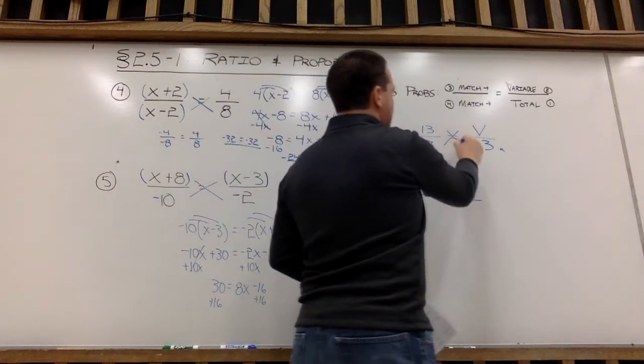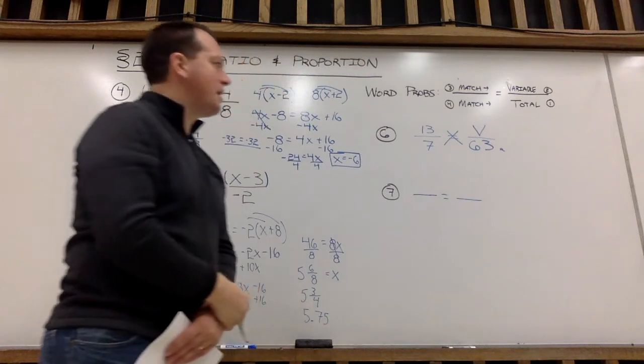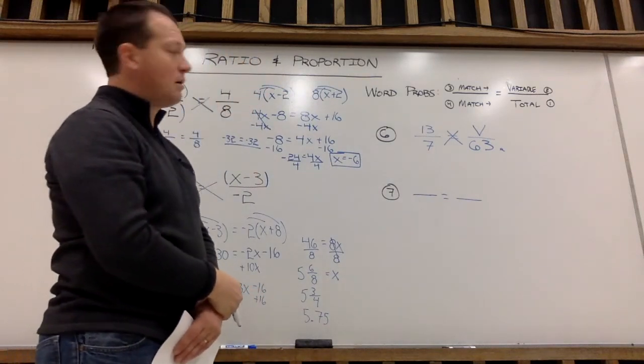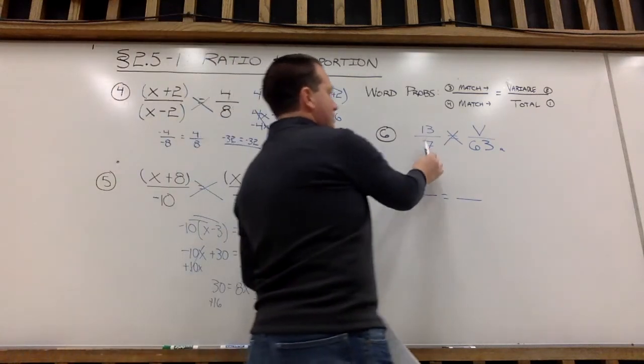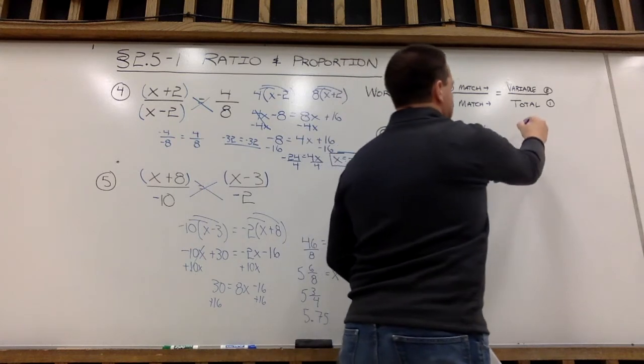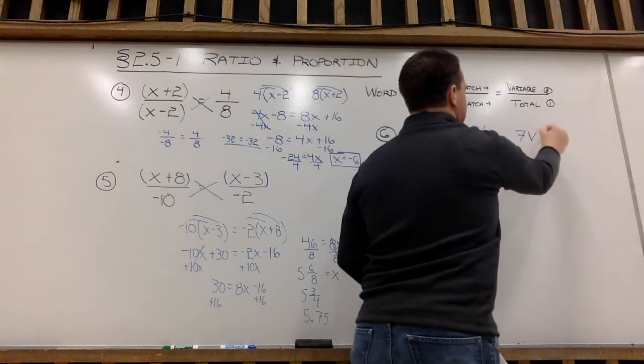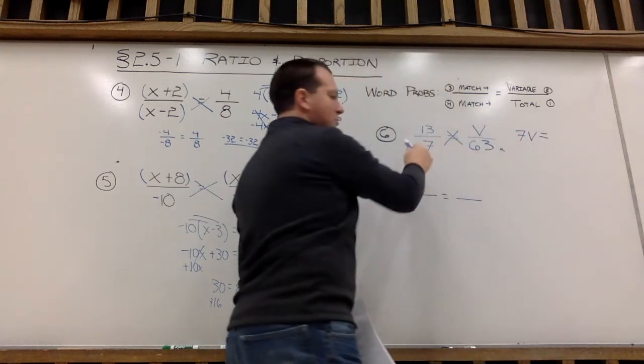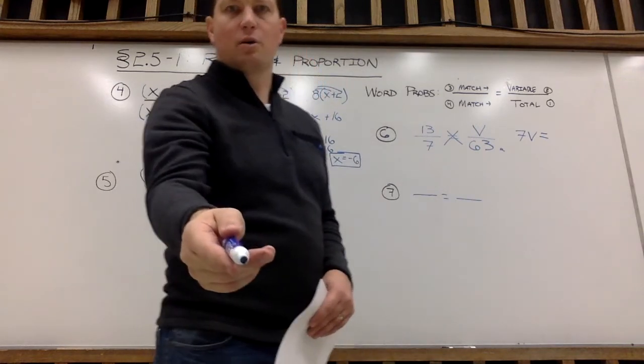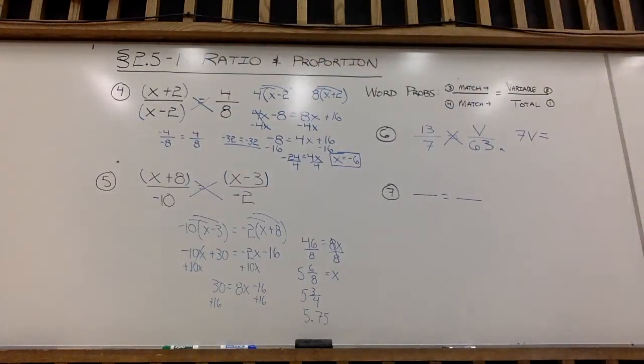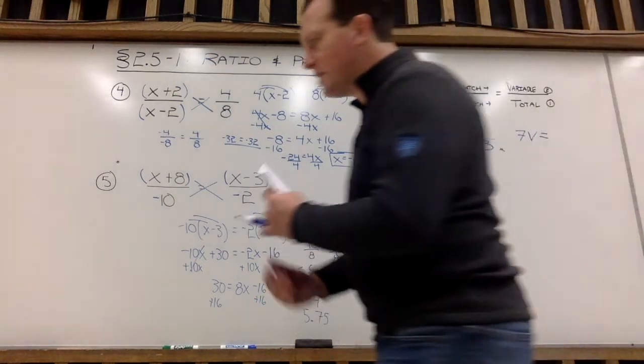So I'm going to take diagonal cross products here and solve for V, the number of violets. So 7 times V, I'll have 7V. That'll equal 63 times 13. Crunch it out. See if you can beat me. Did you get 819?